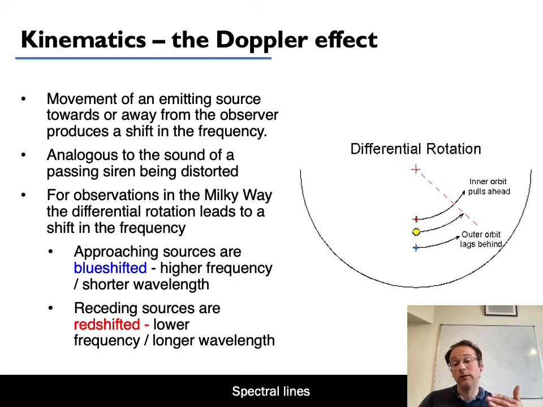But if we now look at an object that is further away, at a larger orbit, that's actually lagging with respect to us, then if we look towards the direction of rotation, it's going to be blueshifted because we're catching up with it. That's what you see in the Milky Way, and that's a really important application of Doppler shift, because we can use that, as I'll get onto later, to do things like measure the distribution of gas in the Milky Way galaxy.